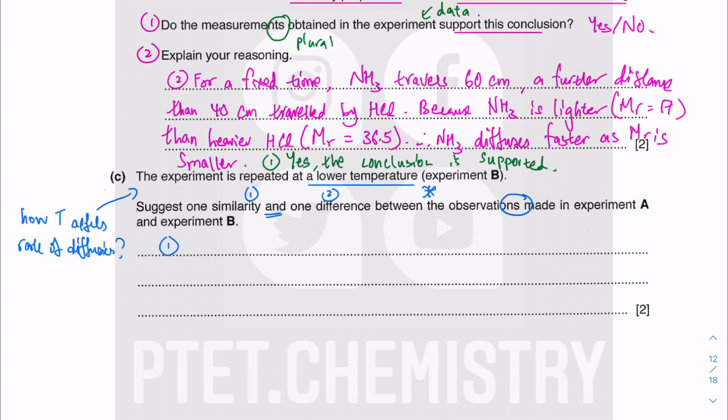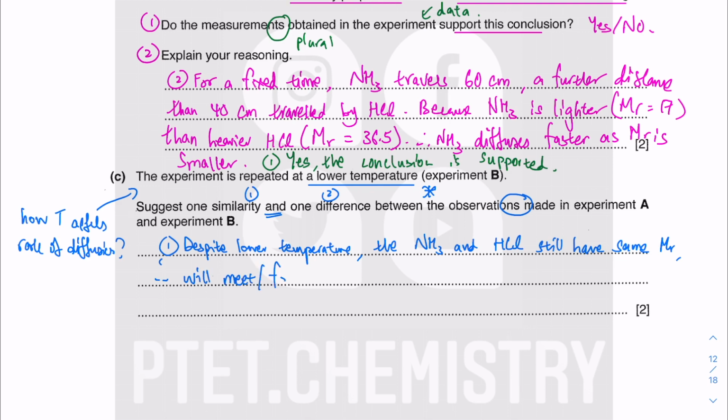So despite the lower temperature, the NH3 and HCl will still diffuse, still have the same molecular mass, still have the same MR, therefore will form the white solid at the same position.